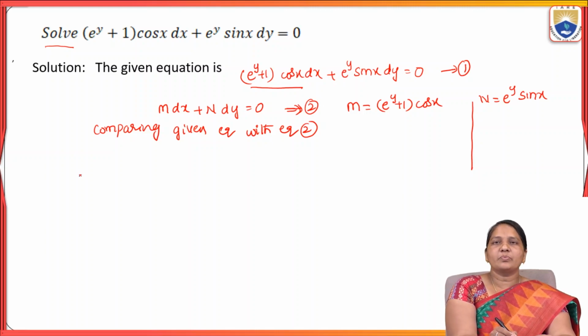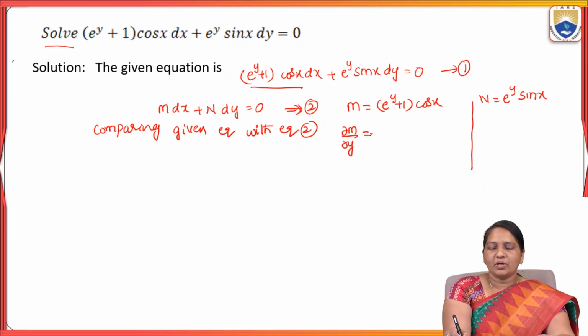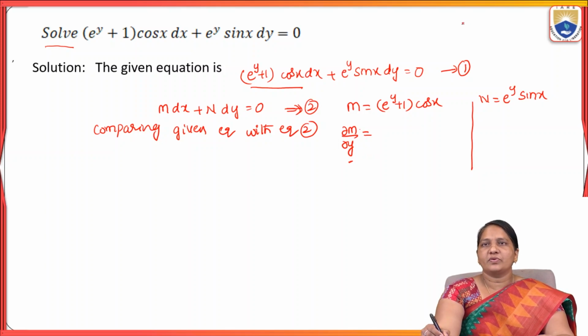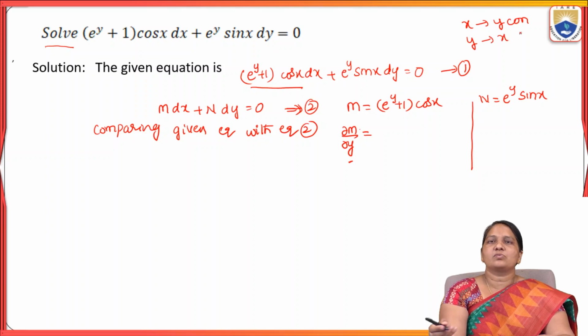What is the third step we are going to do? We are going to calculate the ∂M/∂y value. Here we are going to do the partial differentiation of M with respect to y. When doing partial differentiation with respect to x, y is treated as constant. If doing with respect to y, x is treated as constant.